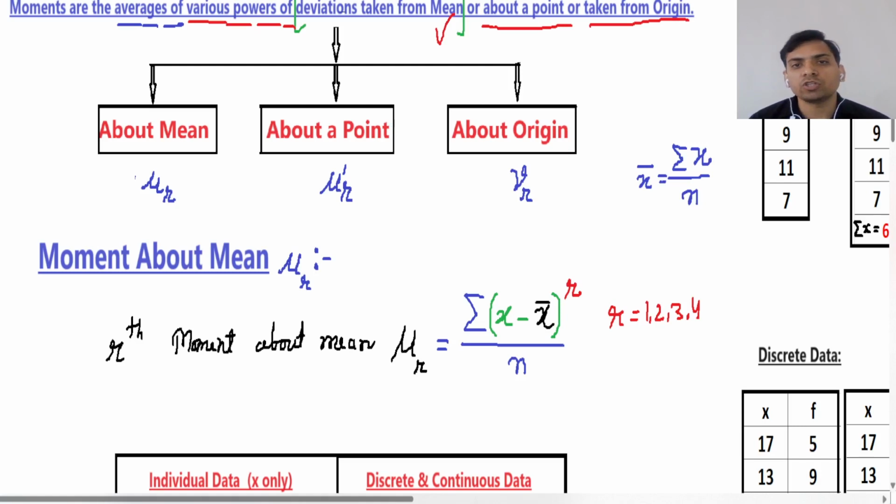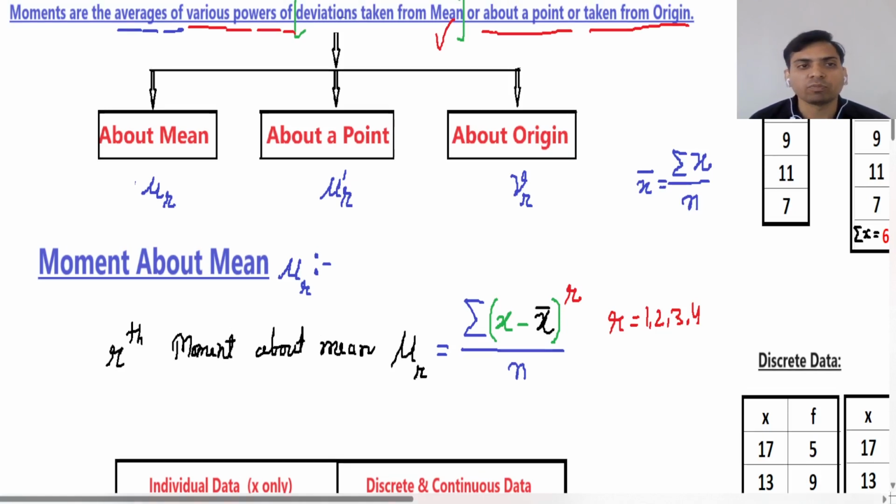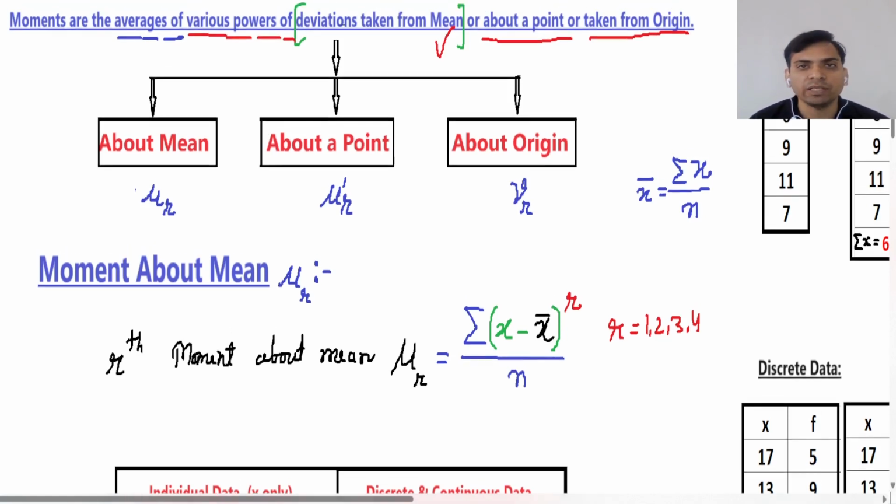Now suppose you need to find first moment or second moment or third and fourth moment. So you will replace only this r equals 1, 2, 3 and 4. And this is for individual type of data because we have only x, we don't have f. So this is the formula for rth moment about mean for individual type of data.